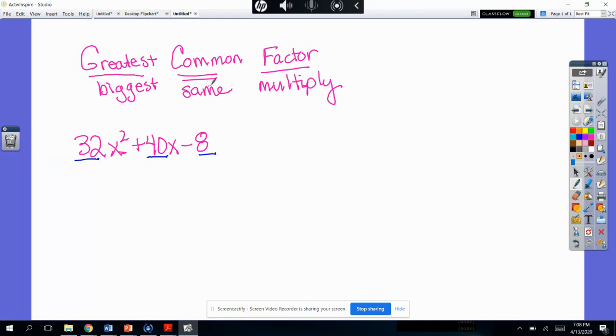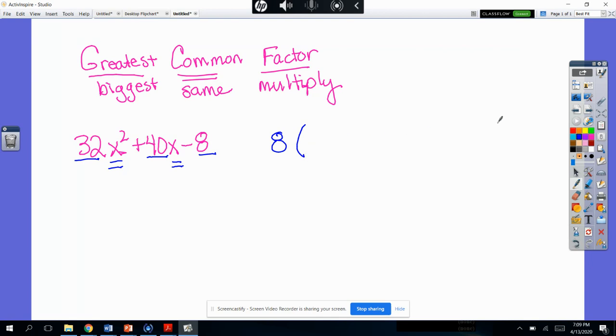I'm pretty sure they all divide by 8. Then I look at the letters: x squared, x, and no x. They don't have any x's in common, because you can't have something in common if you don't have it. So the only thing they all have in common is 8.